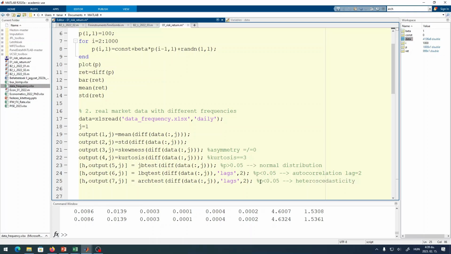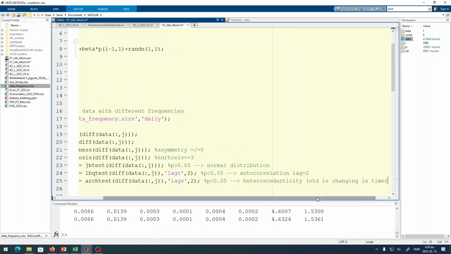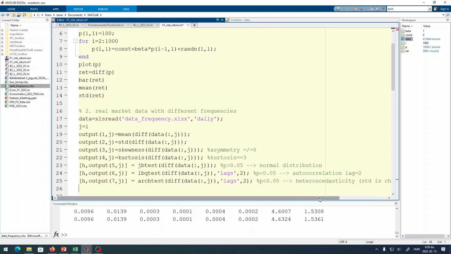Heteroscedasticity happens. So the STD is changing in time. The standard deviation is time variant.